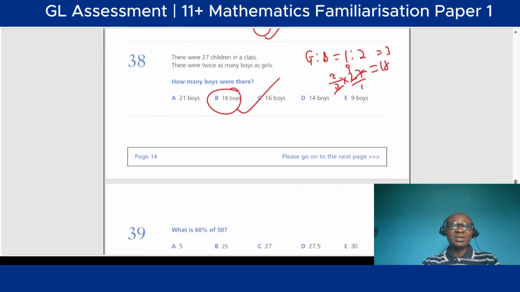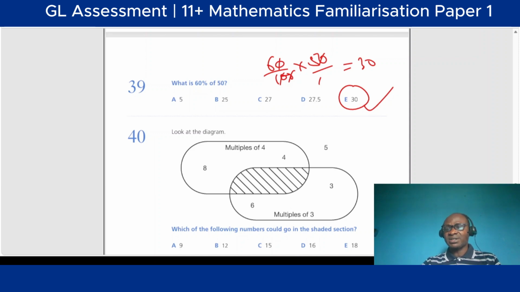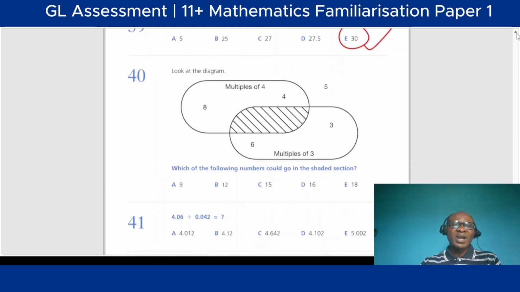Question number 39. What is 60% of 50? Just write 60 over 100 multiplied by 50 over 1. Cancel out the zeros and multiply 6 and 5 to get 30. So option E is correct. Let's go to question number 40. Look at the diagram, multiples of 4 and then multiples of 3.